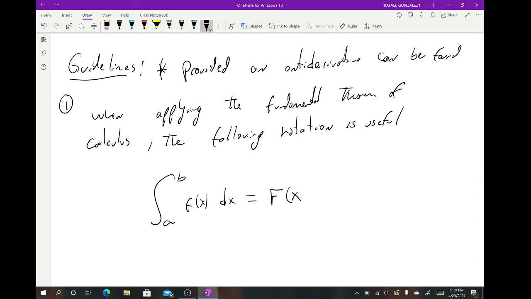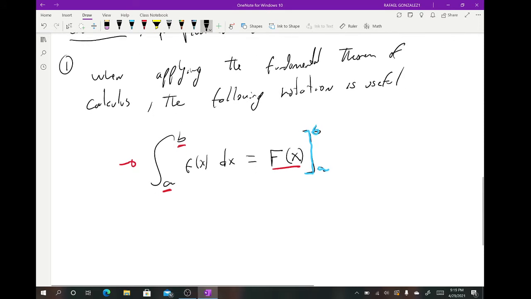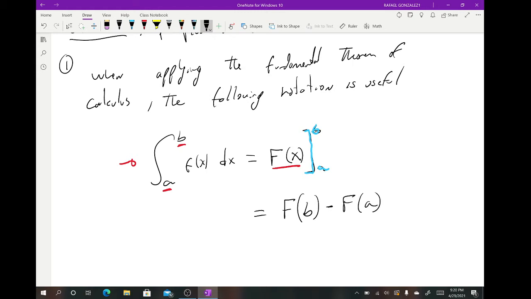So we write the antiderivative F of x, and we are going to evaluate it from a to b. So what we did was we dropped the integral sign because we found the antiderivative, but to remind ourselves that we still need to solve for F of b minus F of a, as the theorem says, we write this right close bracket and write the limits of integration from a to b. And this is equal to, again, F of b minus F of a by the fundamental theorem.